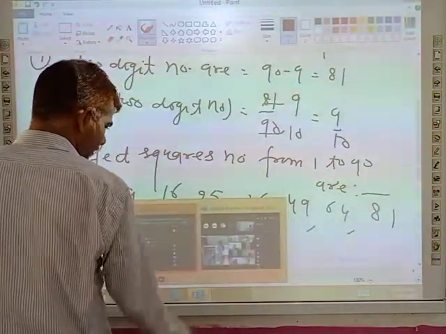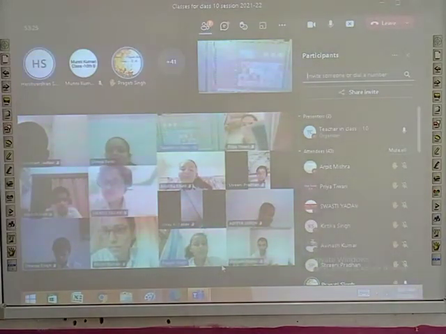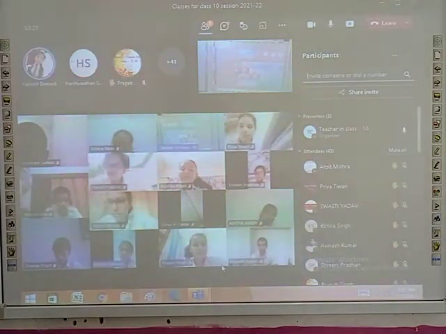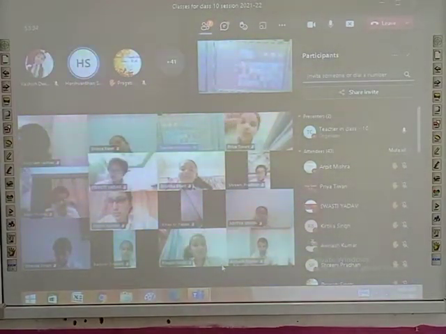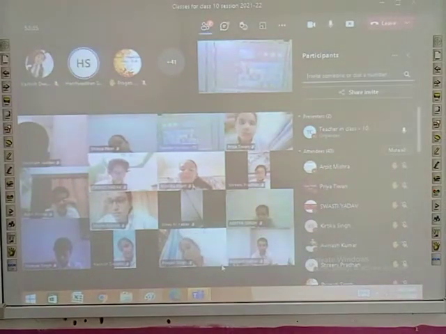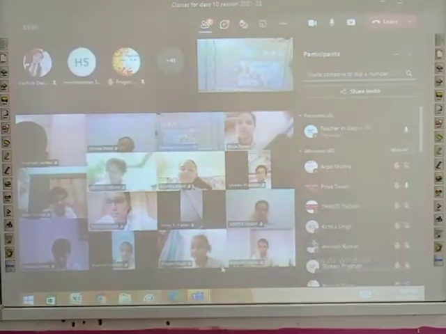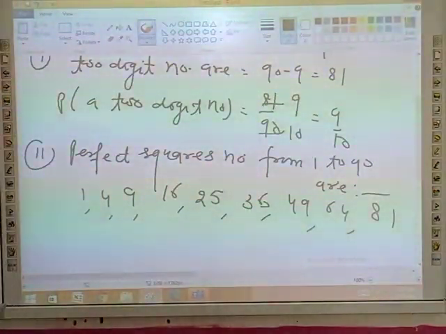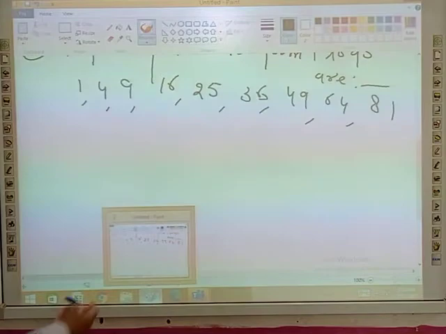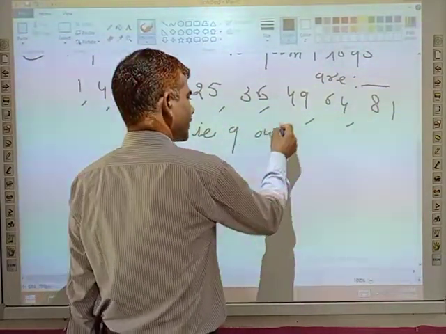Why 100? 100 is not included. Our limitation is from 1 to 90, so we take the perfect square numbers from 1 to 90. We will not include 100. How many? That is 9 outcomes.